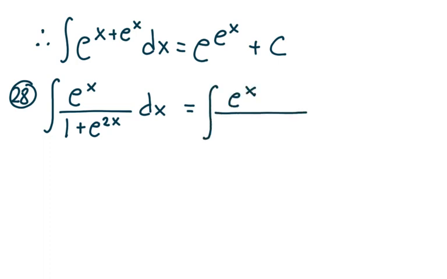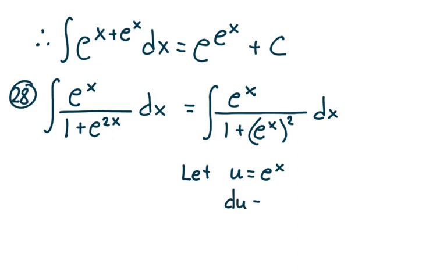I have e to the x over 1 plus e to the x squared dx. And so this is going to be a classic u substitution. Let u equal e to the x, and notice how the derivative is present. So du is e to the x dx.